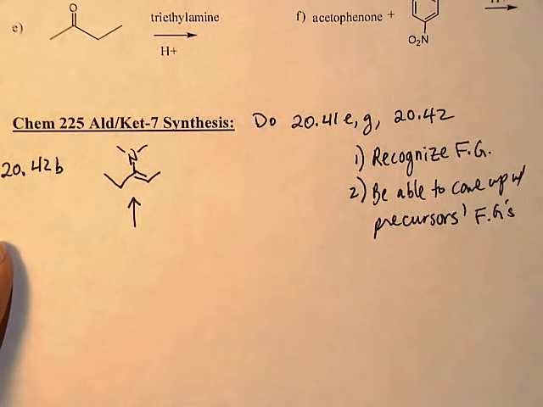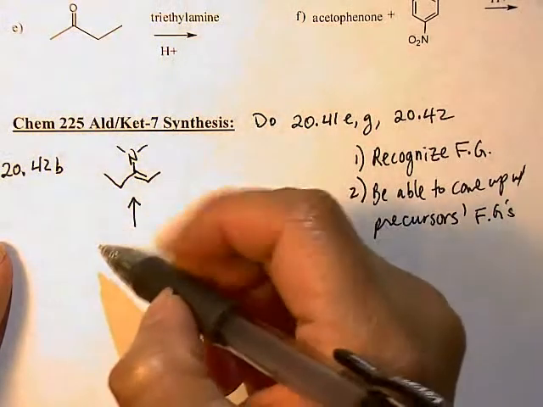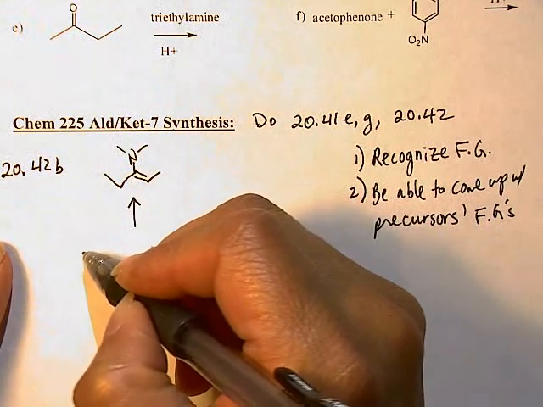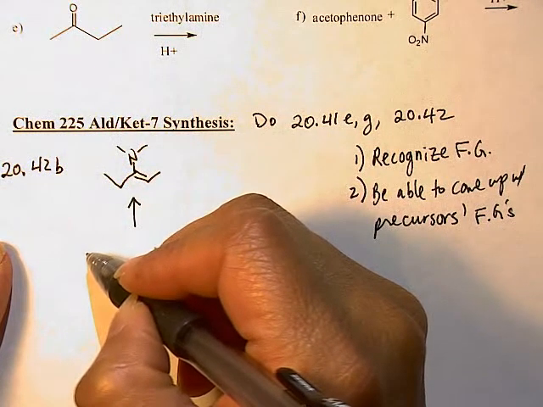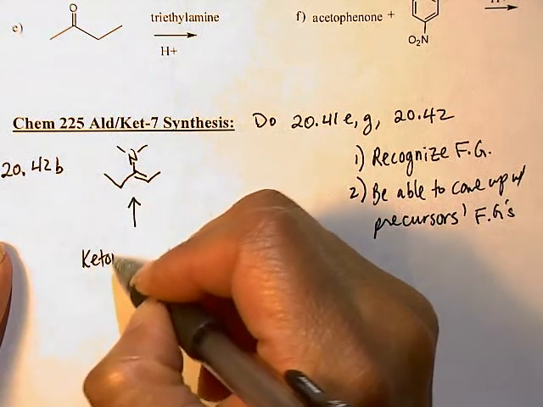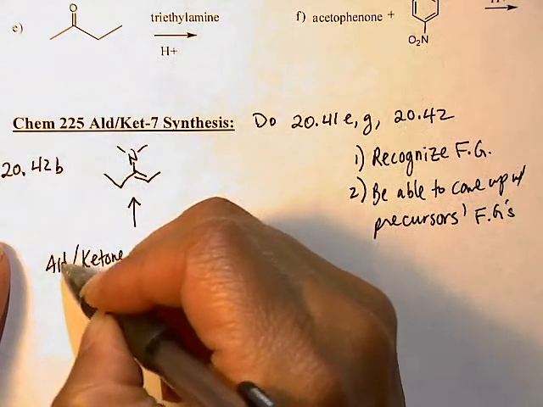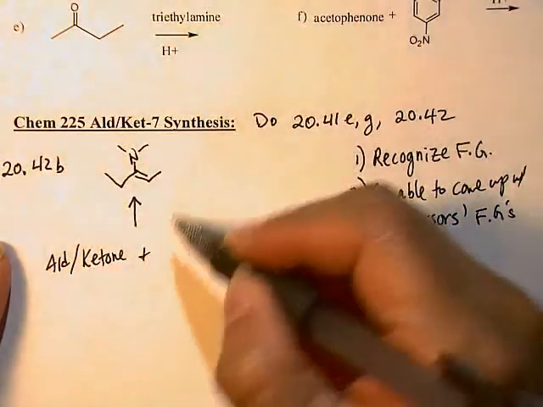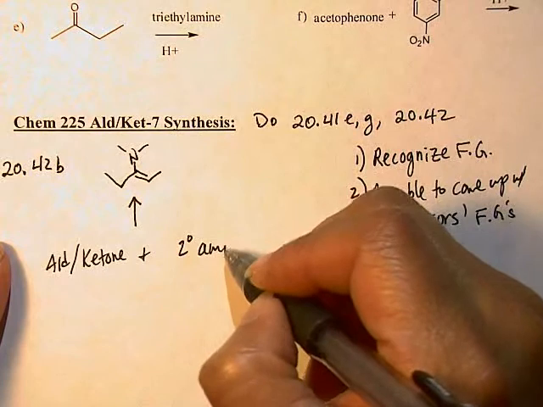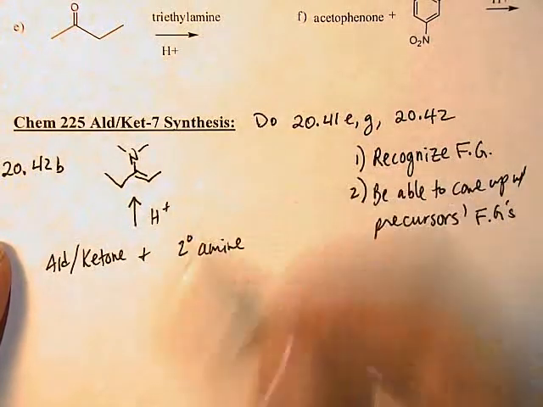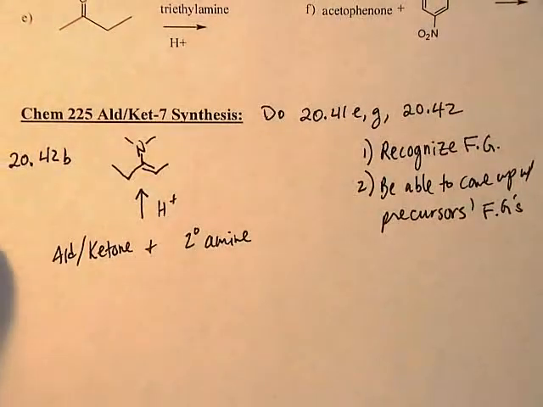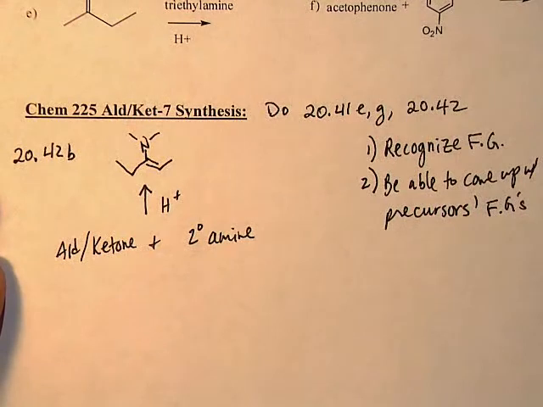So you might not be able to come up with the exact carbon framework right now, but you know that enamines are made from aldehyde or ketone, so some kind of carbonyl group plus a secondary amine, and we know that you need an acid catalyst to make this reaction happen, right?